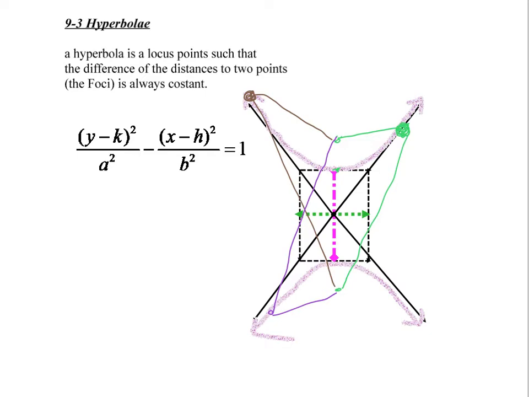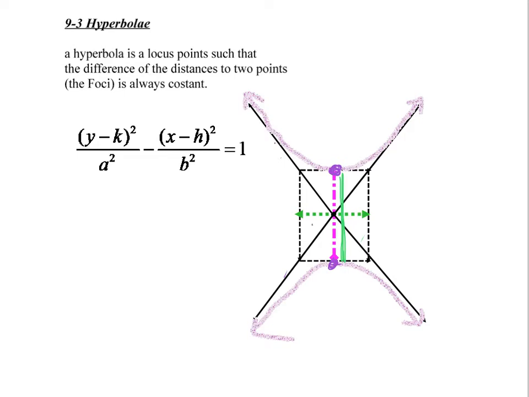Let me just erase for a minute. A couple more words you need to know. We do have the vertices of my hyperbola. Those are these points right here. The line connecting my two vertices through the center point of my hyperbola is called 2a.